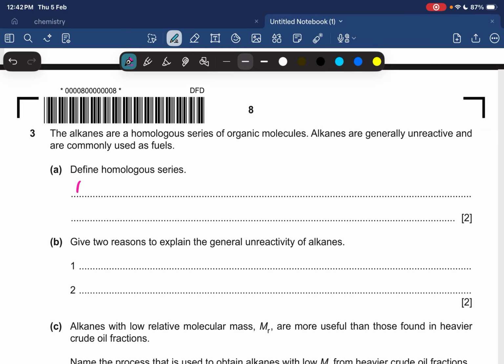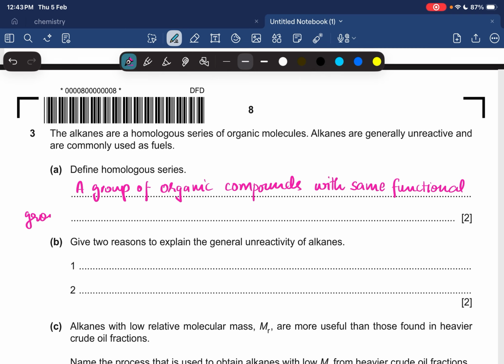So let's go. Let's write: a group of organic compounds with the same functional group, hence similar chemical properties, because the functional group determines your chemical properties.